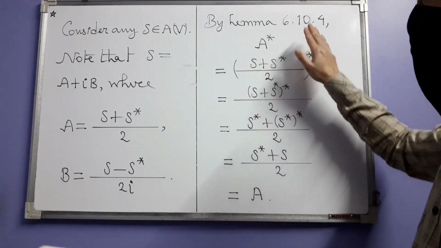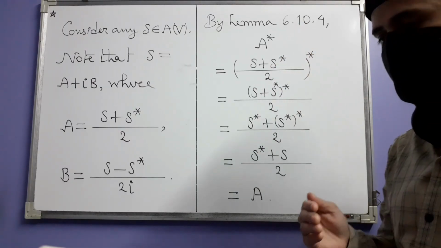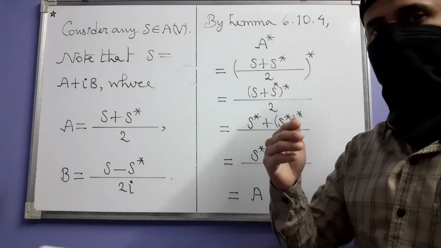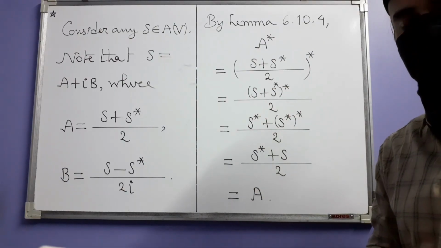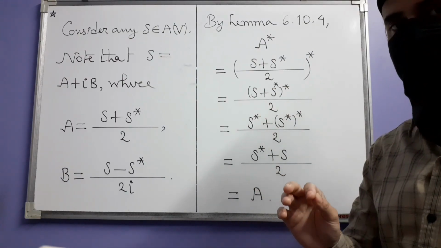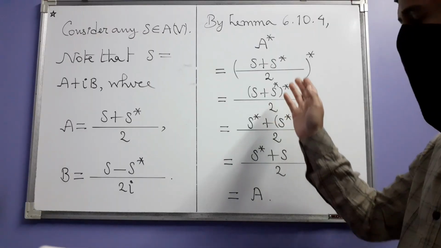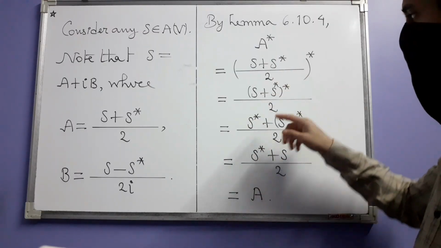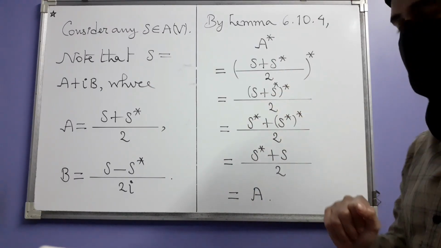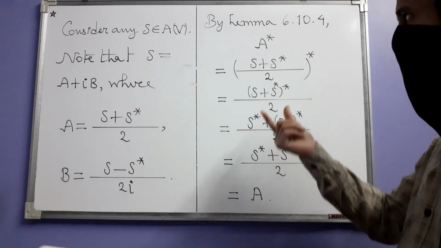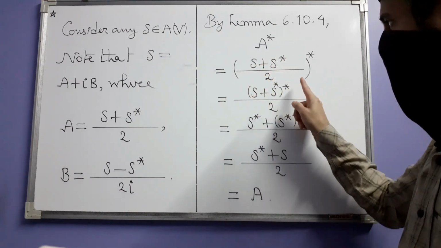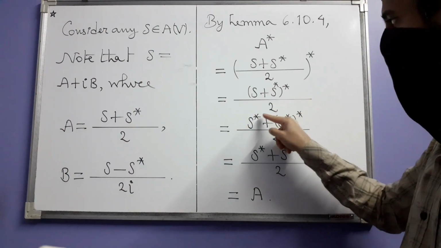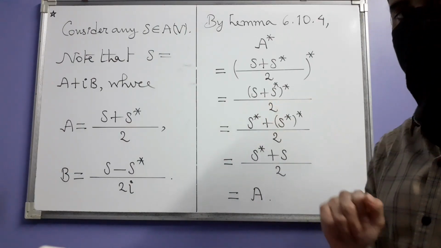So one of the properties of star from this lemma tells us that we can take the complex conjugate of 1 divided by 2 outside of this star. Because 1 over 2 is a real number, so just that comes out. That is why we have a 2 here in the denominator. And along with that, we have the star of S plus S star. And then another property tells us that we can write it like this.